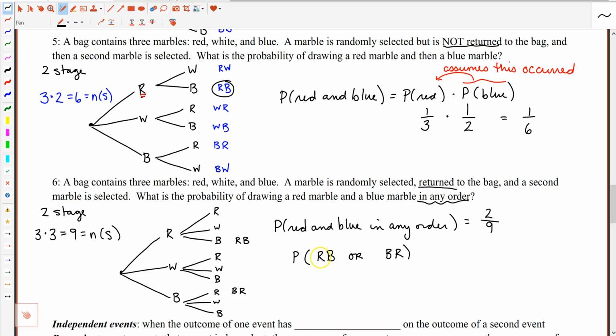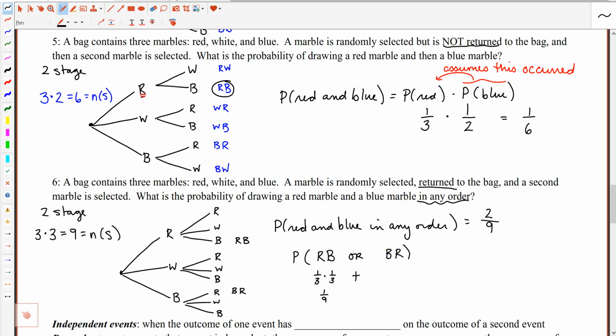So the probability that you have red and then blue: there's a 1/3 chance the first one's red, there's a 1/3 chance the second one's blue. That gets you a probability of 1/9 that you're there. Now remember, for these kinds of probabilities, you would add up the probabilities of each of your different events.